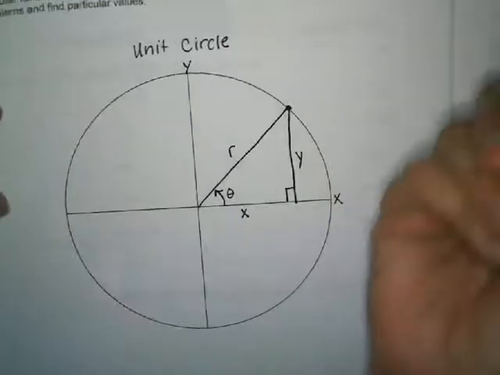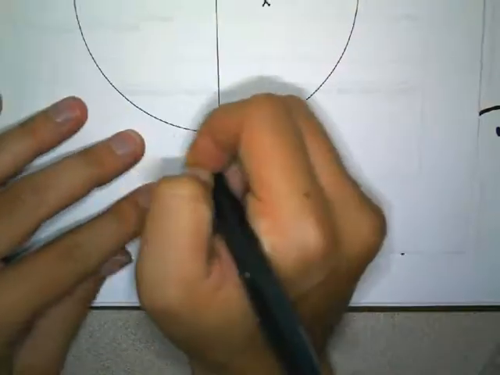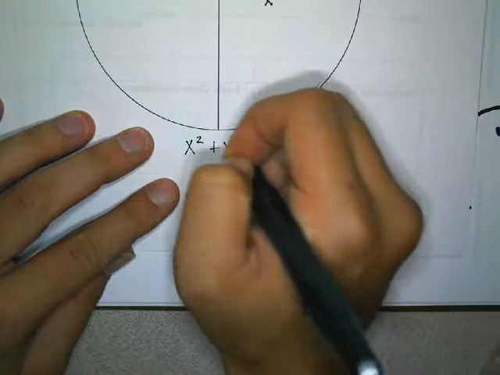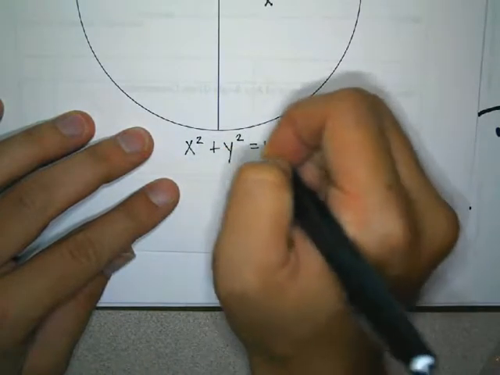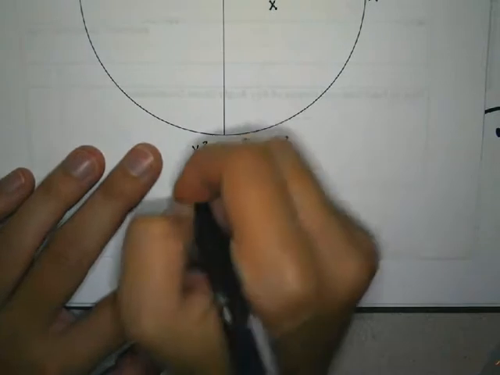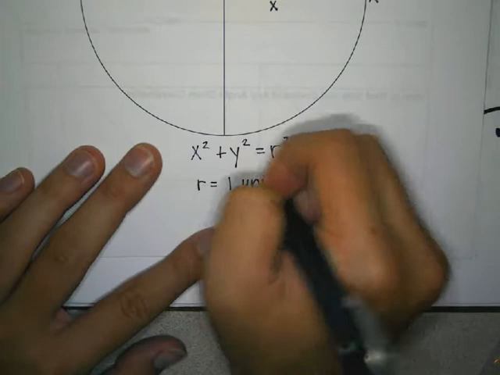Okay. In the unit circle, the equation for the unit circle is x squared plus y squared equals r squared. And r is always 1 unit.